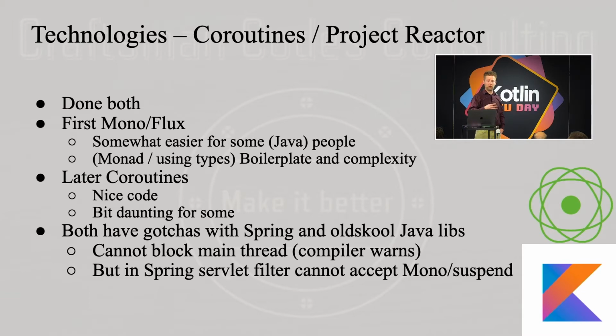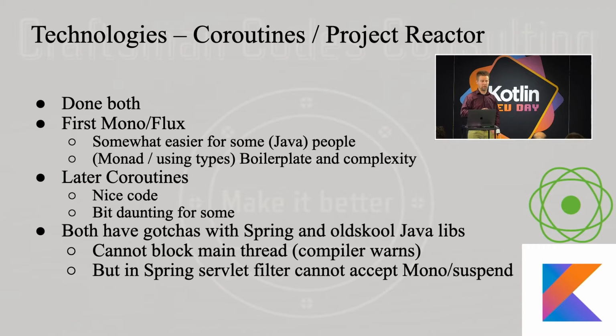Later, in newer sub-projects, we were building a microservice environment, so we started extracting a lot of services. In newer services, we started looking into coroutines, and it turns out it gives you very nice code. But somehow some people are scared of it.